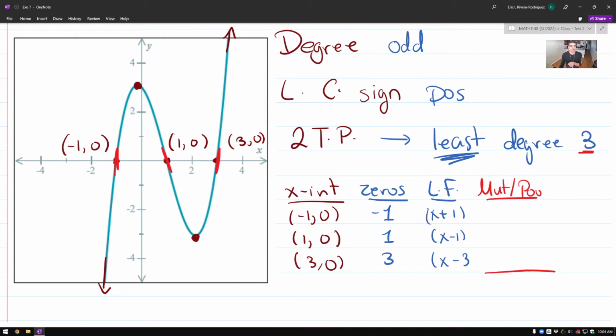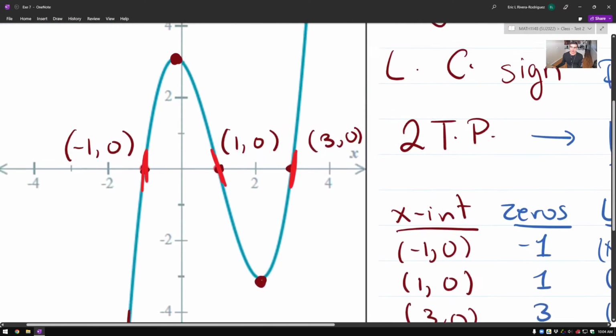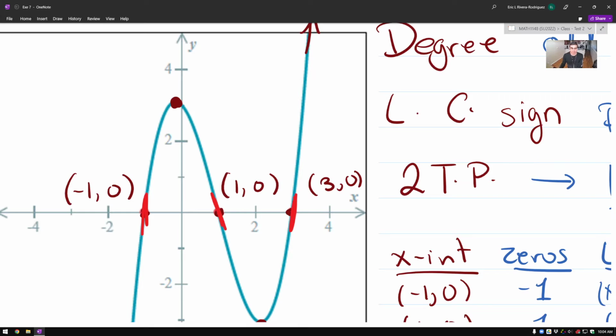Okay, let's look at the behavior of the graph at those x-intercepts. At this point the graph crosses, again here, and crosses again here. And this behavior is related to an odd multiplicity.